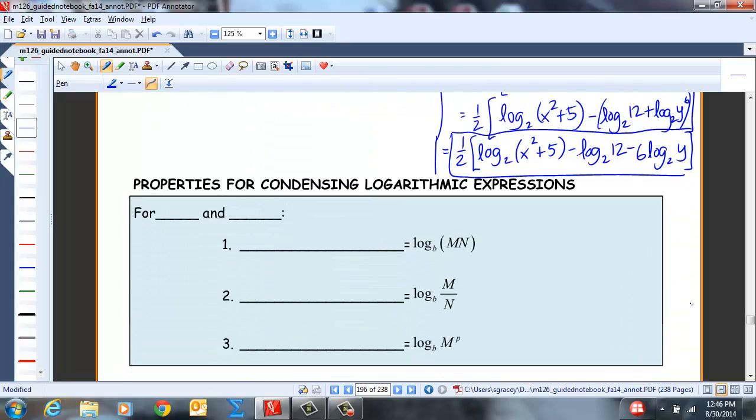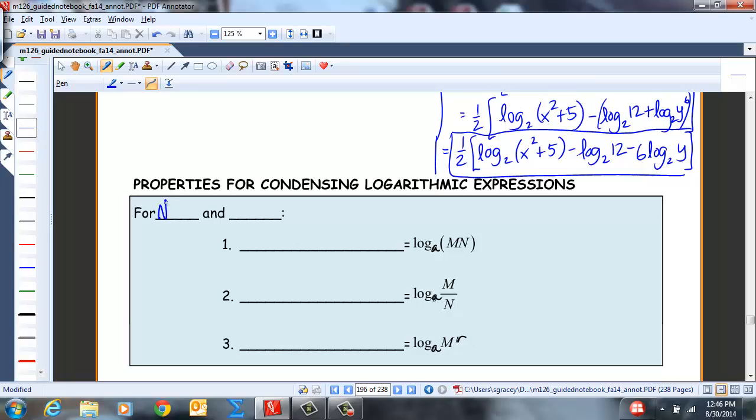Now, properties for condensing. This is when you're going to go the other way. And I'm going to make the same changes that I had made so that these look similar to the properties we had done.